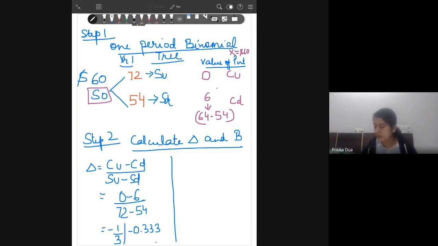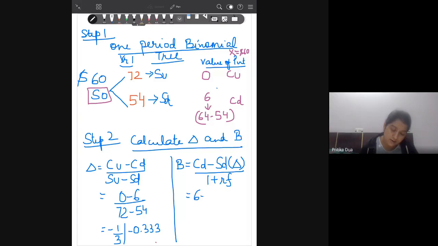I'll just take up the formulas. Okay, next formula is the calculation of B. So that will be CD minus SD. Now we are taking both the lower values into delta, divided by 1 plus RF.